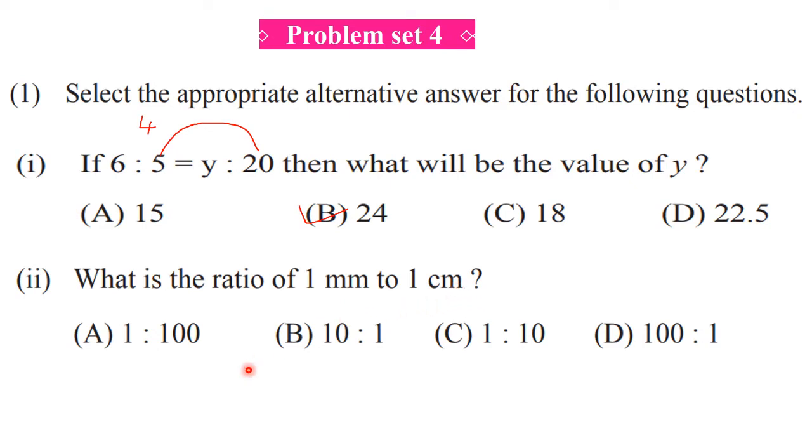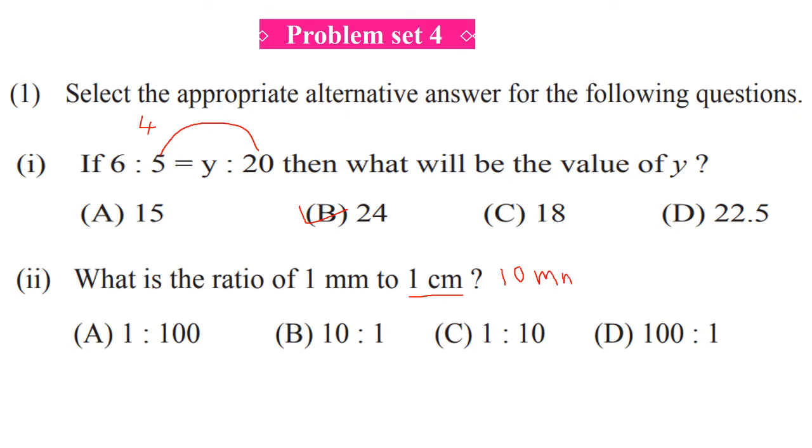So we need to convert these into the same units first, because to compare the ratios we have seen that they should be in the same unit. So here 1 centimeter you can convert to mm. All of you know on our scale we have these units centimeters and mm. So we know that 10 mm is equal to 1 centimeter. So this 1 centimeter we can convert as 10 mm.